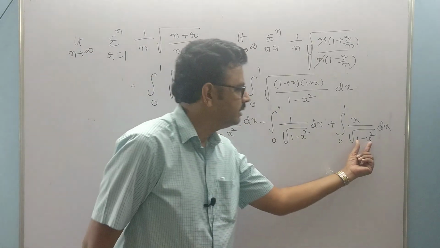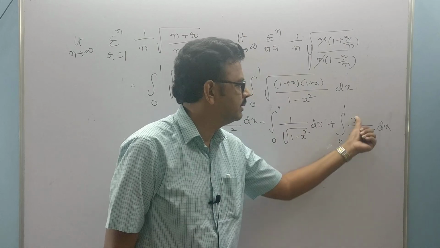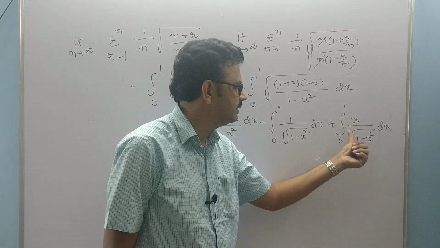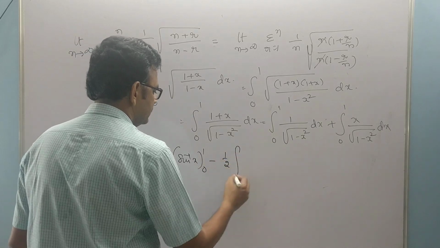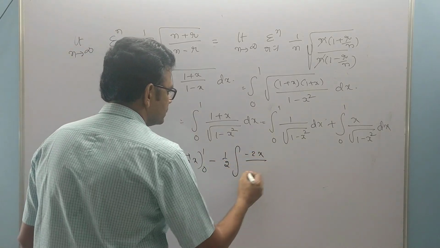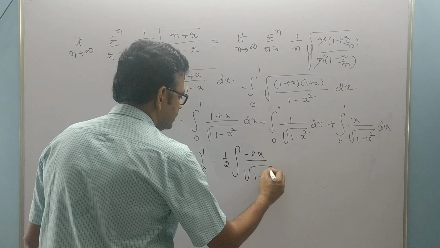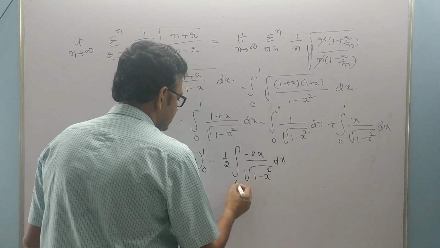Next, derivative of 1 minus x square is minus 2x. So multiplying and dividing by minus 2. Minus 1 by 2 integral minus 2x by root of 1 minus x square dx.